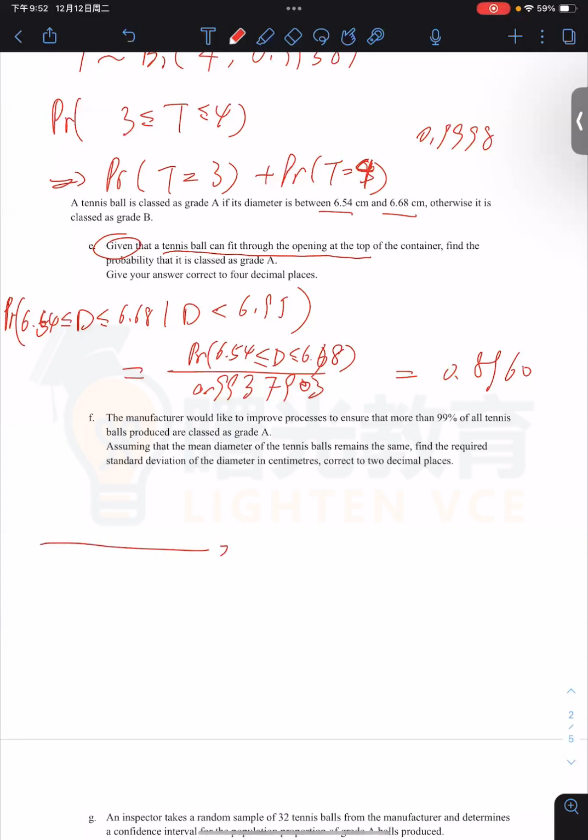Then we can make sure that with the same boundary, more than 99% are in this interval. So the graph would still be 6.54, 6.68, and the mean is 6.7. Nothing changed, but now I need this probability to be 99% or more, okay? Then we would try to find a way, all right?